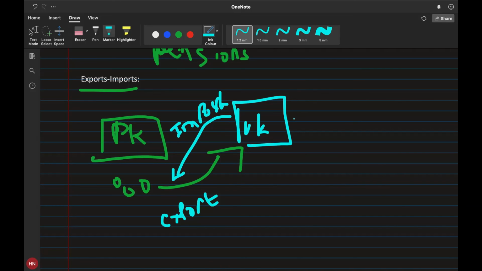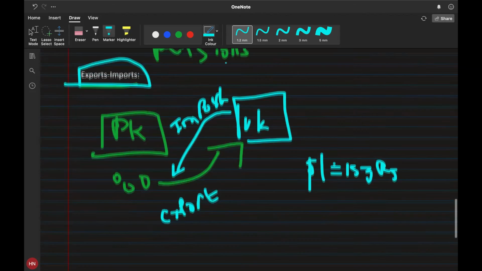So exchange rate, we'll look at that later on, but it's basically the price of one currency in terms of another. So you must have seen something like this, that $1 is equal to, right now I think it's 153 rupees. So this is an exchange rate, and so if there are changes in the exchange rate, it's going to affect this value here. So that's pretty much it from this video.